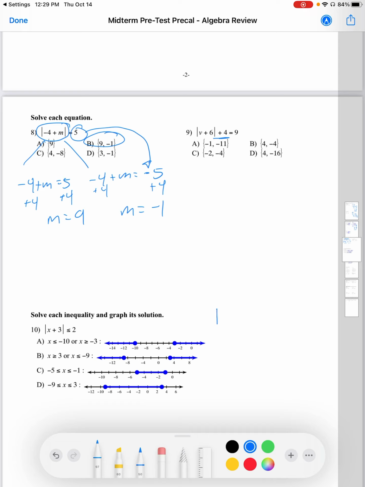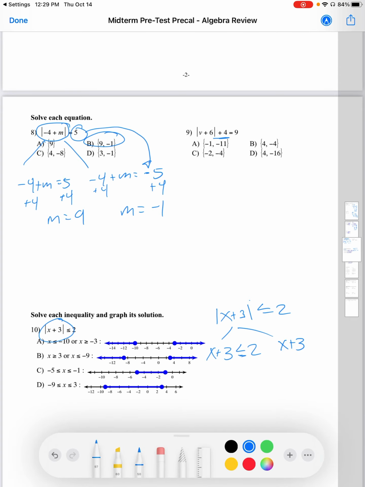On number 10, similar problem, but inequalities. So we do have math touchdown because it's just absolute value on the left. And notice that stays exactly the same. We just remove the absolute value, x plus 3 less than or equal to 2. On the right side, x plus 3, and now 2 changes.